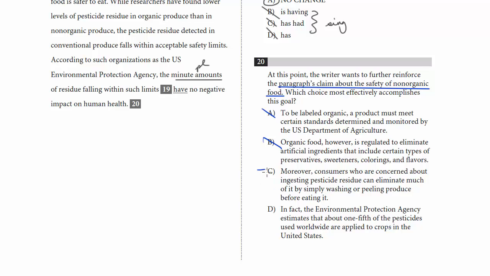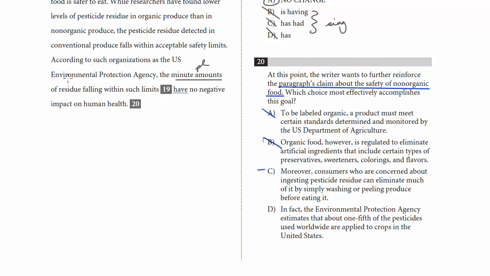Okay, if we're worried about, which is what this paragraph is discussing, pesticides being used on conventional products and whether that's a bad thing, here it's saying, well, in addition, not only is there not really this much of this residue on the fruit to start with, if you're worried about it, wash it off.